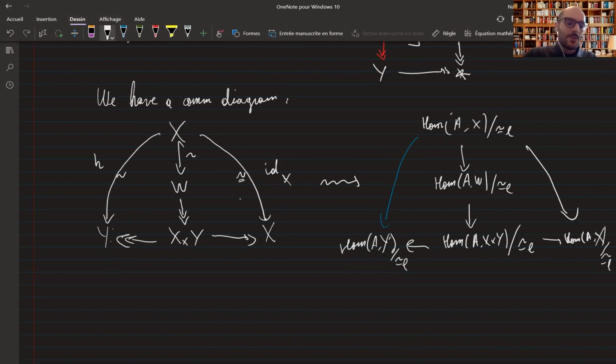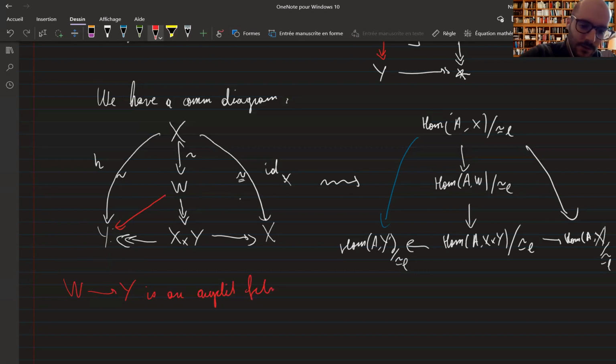And to do this, we are going to apply the lemma several times. So we are going to apply it the first time to this map, the map from W to Y, which is an acyclic fibration.